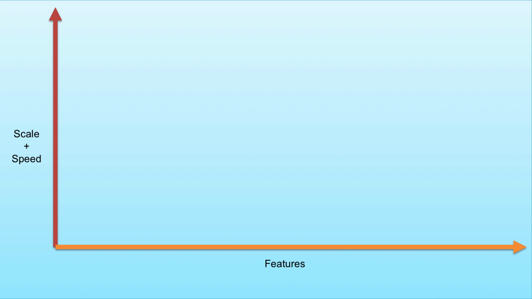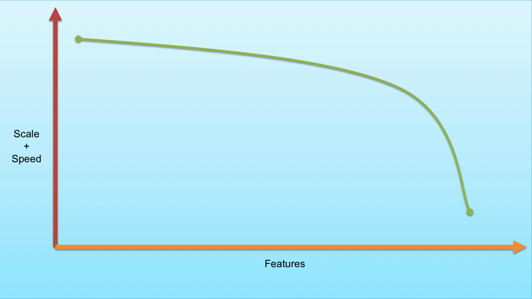So that brings us to MongoDB. Now, if you graph all sorts of databases, or things you consider databases, with speed and scale on the vertical axis and features on the horizontal axis, you get a graph that looks something like this. You start out with a service like Memcache, which is a distributed object memory cache.